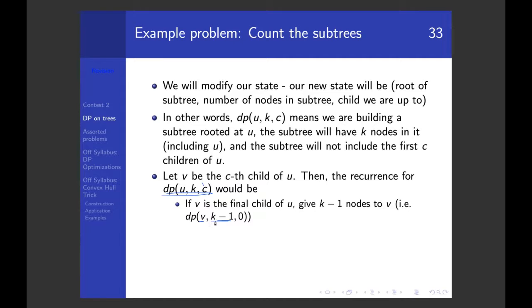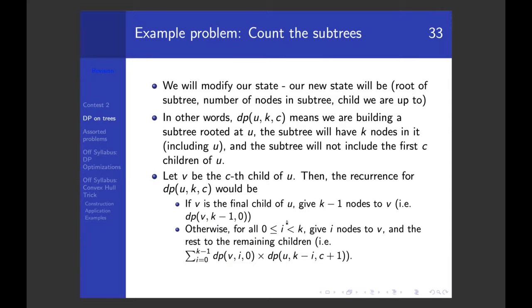We're giving it k minus 1 nodes. And also, we start at the first child of that node because we start again at that node. So if this third value is 0, that means we don't ignore any children. That's just the ways to distribute k minus 1 nodes among this subtree.